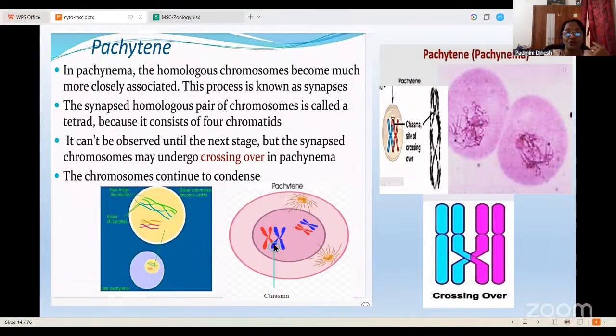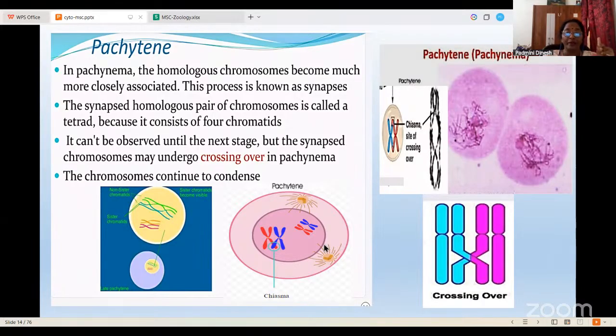So this is the pachytene stage, where crossing over occurs. Another name for crossing over is chiasma formation. So this is called crossing over, or chiasma formation, where information is exchanged between the maternal and paternal chromosomes of the homologous pair.